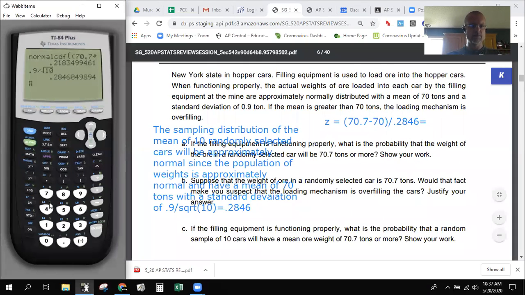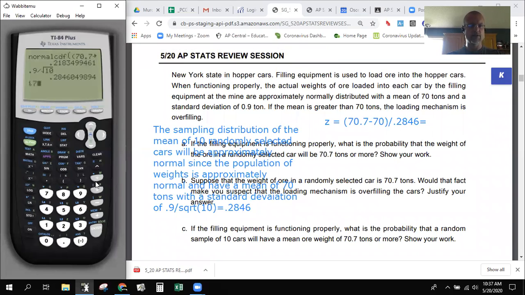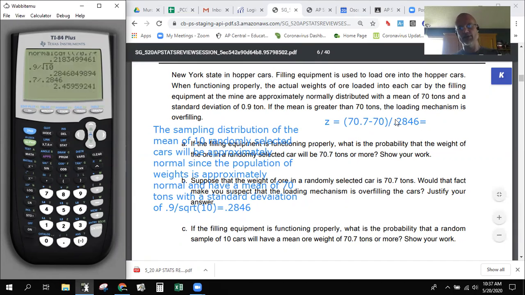come over here, so 0.7 divided by 0.2846 is 2.45. So now this is much more, you can kind of think about this.